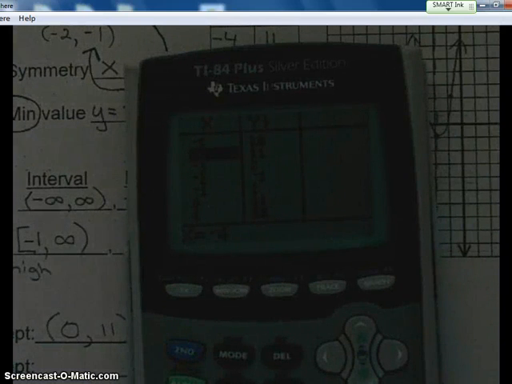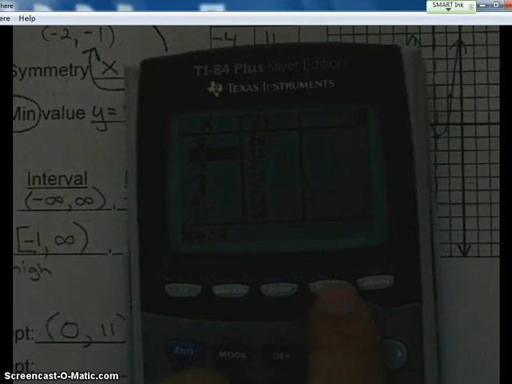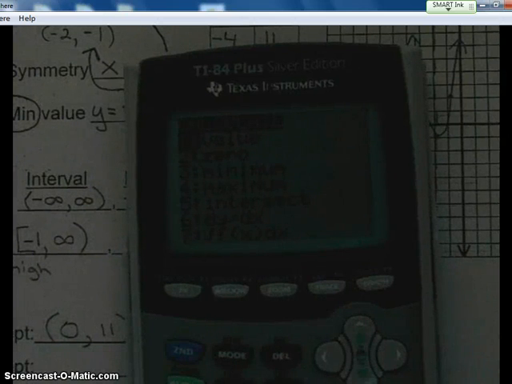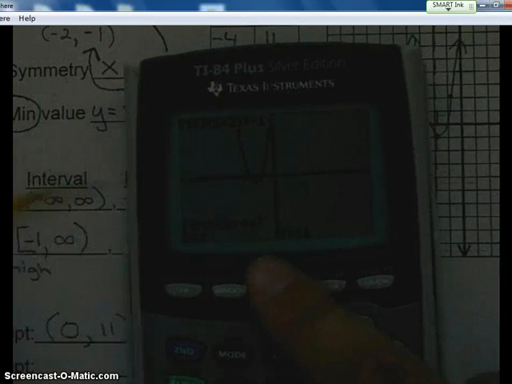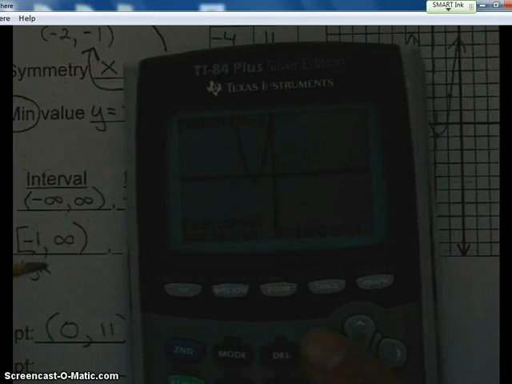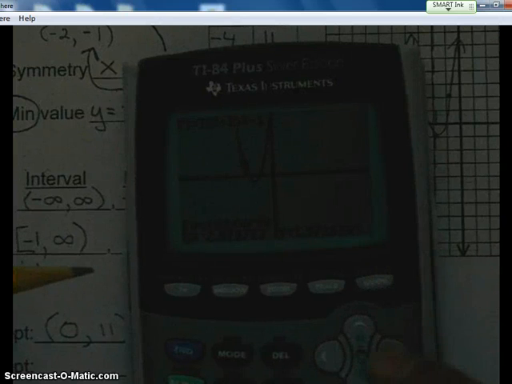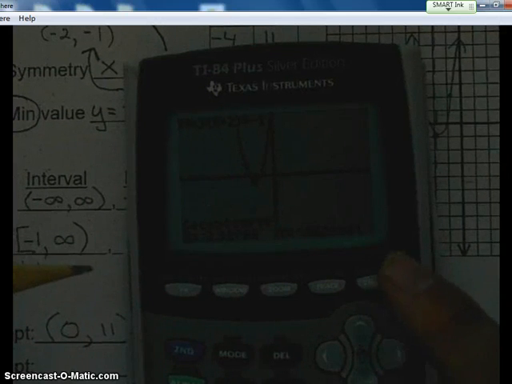So we're going to do second trace to calculate, and intercept is going to be number 5. I'm going to go ahead and find the one over here on the left first. So I'm going to move my cursor. There it is. Move my cursor above it. Enter. Below it. Anywhere below it. Enter.